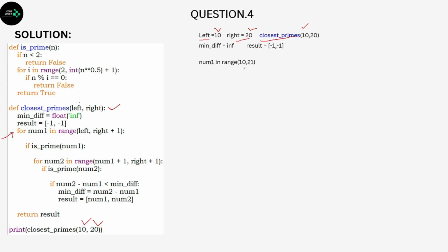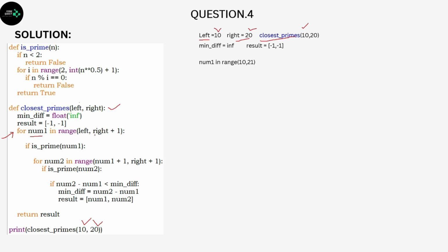So between 10 and 21, we always understand that the range function will exclude the last one. I mean the values will start from 10 and go up to 20. So num1 will start with 10 followed by 11, 12, 13 up to 20 it is going to consider.